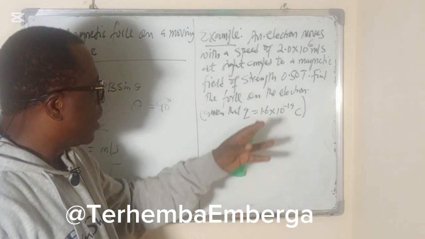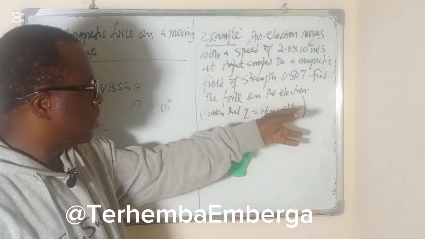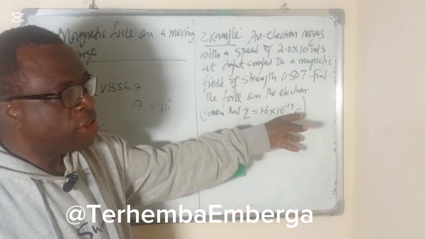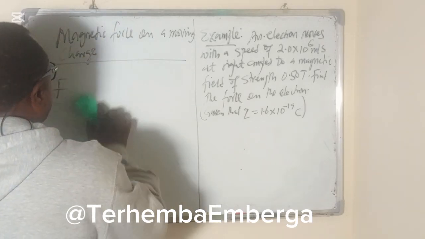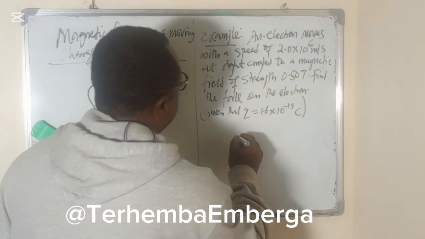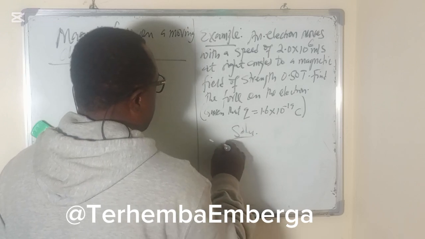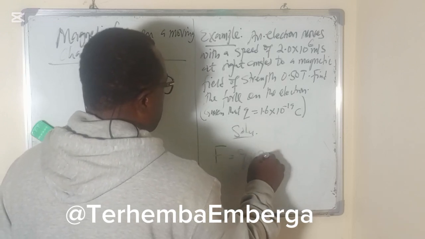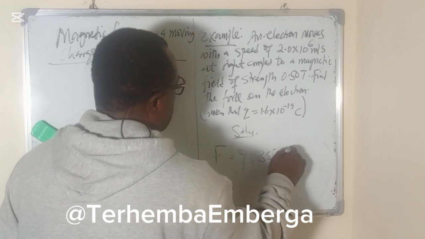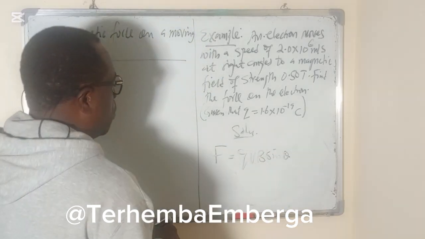Find the force on the electron, given that the charge, or what we call the electronic charge, is given, it's a constant. So we can say that F is equal to QVB sine theta.